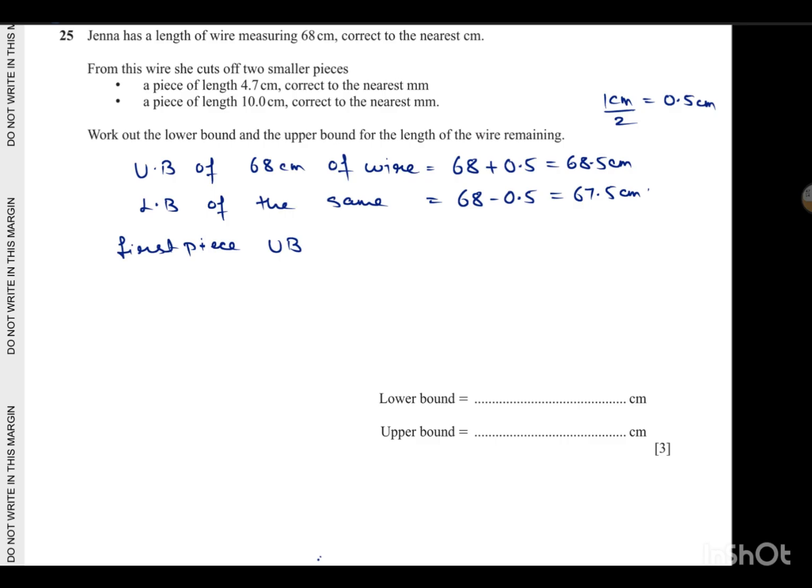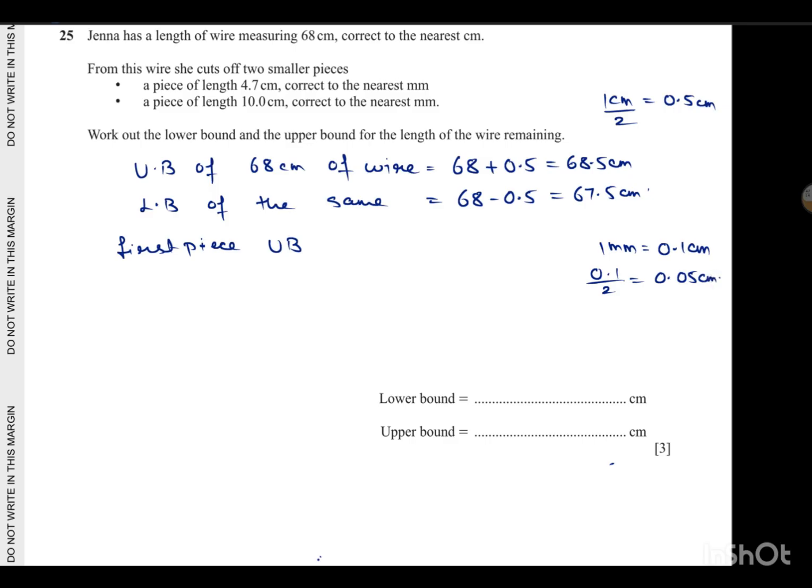Now if I write in centimeters, 1 millimeter is equal to 0.1 centimeter. So 0.1 centimeter divided by 2 will be 0.05 centimeter.